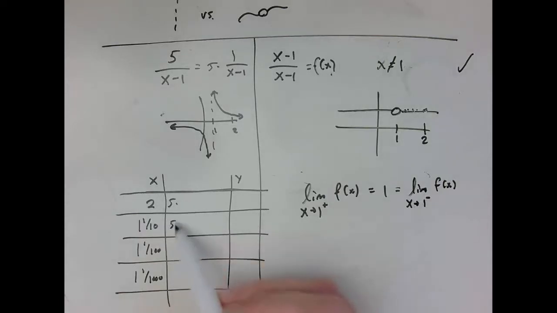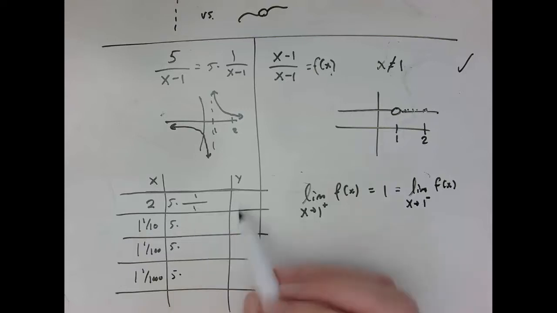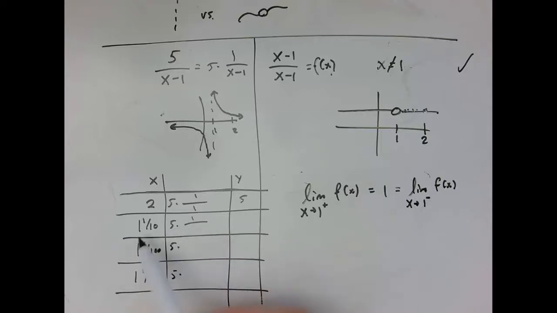So in my work column, I'll have 5 times 1 divided by whatever minus 1. So 2 minus 1 is 1, so that gives us just 5. Here, I've got 5 times 1 over 1 minus 1/10. So 1 minus 1/10 is 1/10, and so 1 divided by 1/10 is the same as 10.